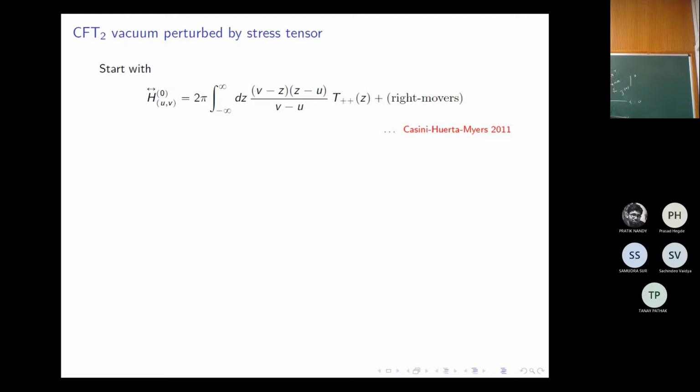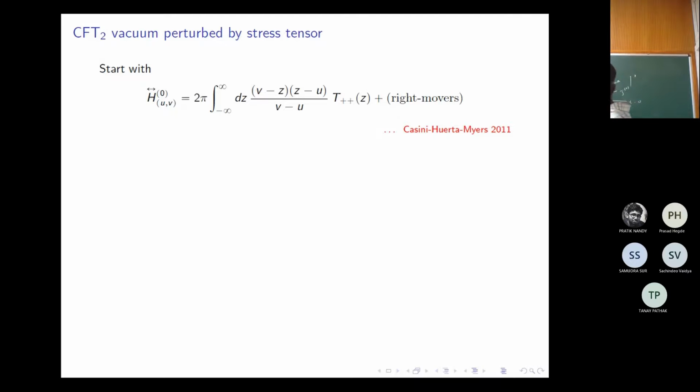So A and A bar don't have to be Rindler. A could be some UV region and A bar is the rest. For a UV region, I can precisely write down the extended modular Hamiltonian for the vacuum state, and that looks like this.